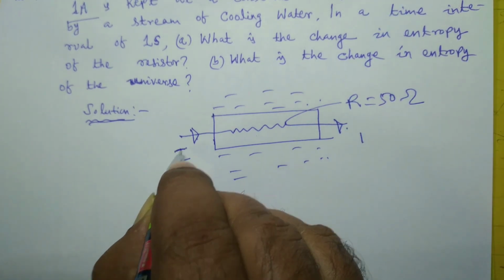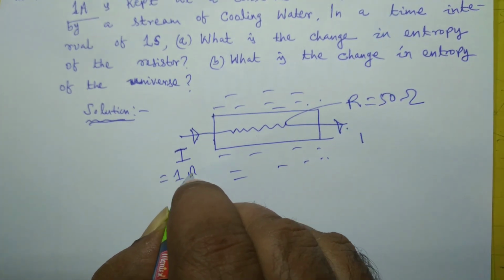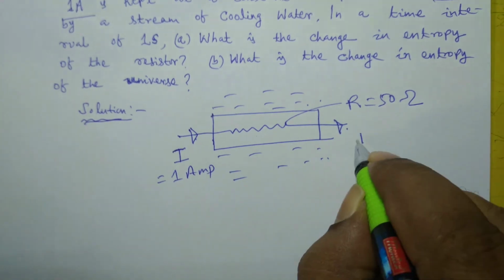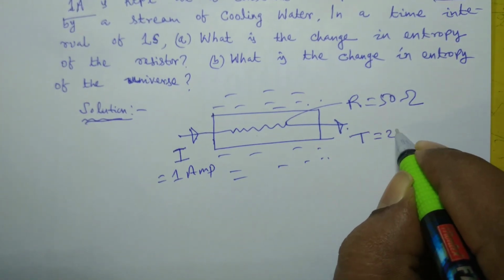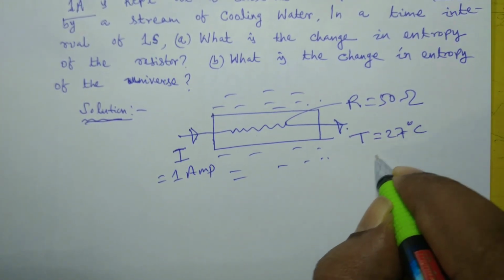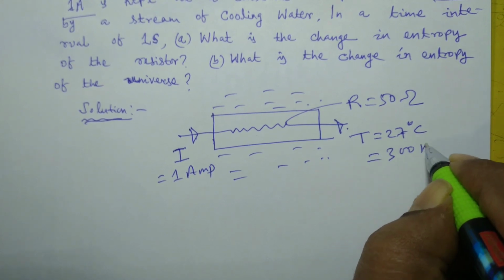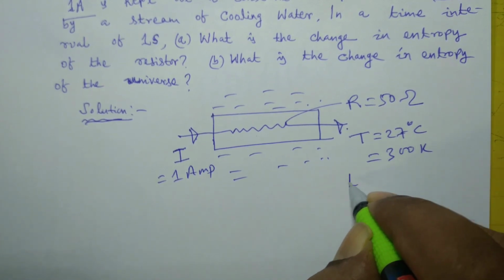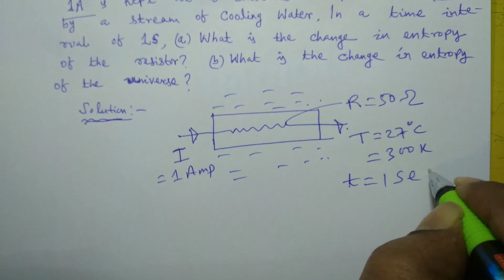This current is 1 ampere. The time for which the current flows is 1 second.